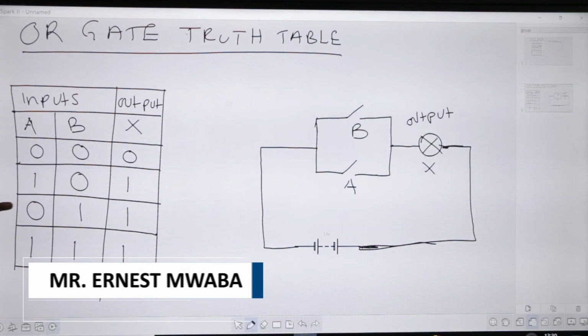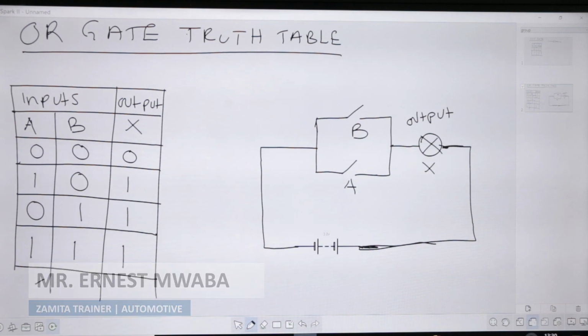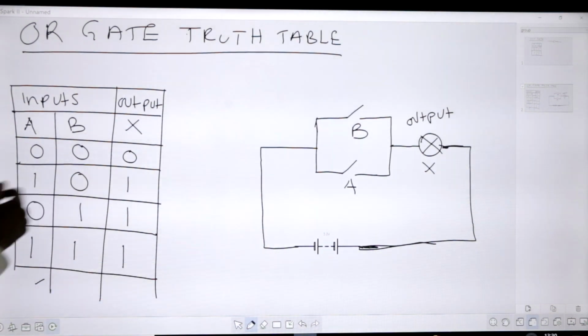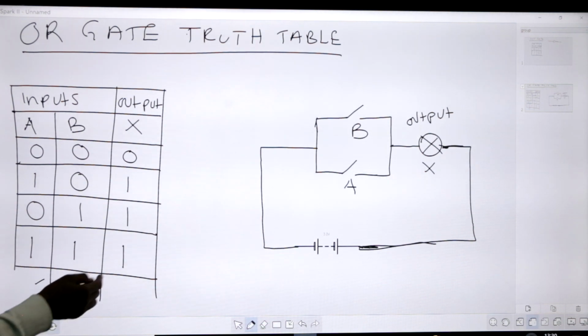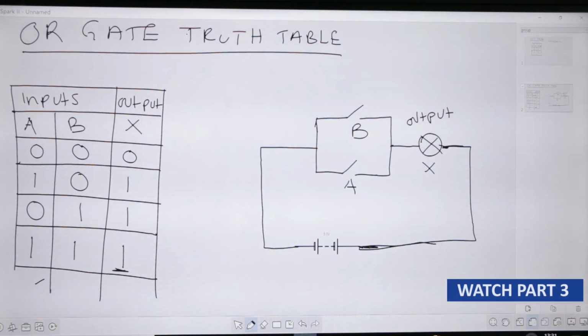If 0 is on 1, but the output is 1 again, meaning we turn on one, the other one remains off, the lamp will still be on. But if we turn on both A and B, the output is still a 1. So that is how we talk about the truth table for an OR gate.